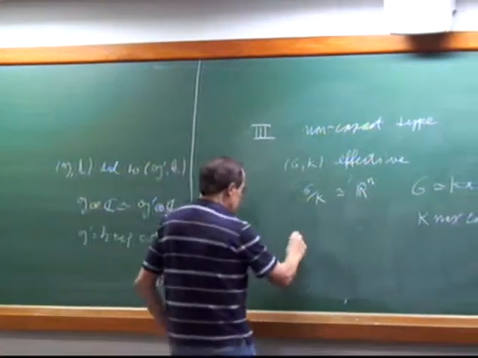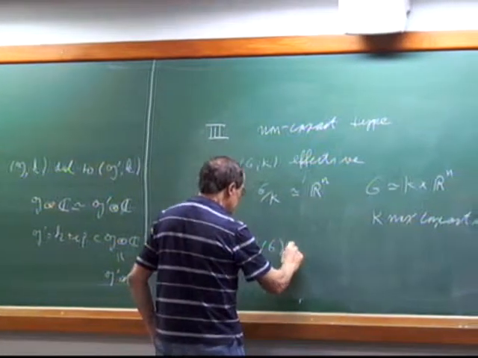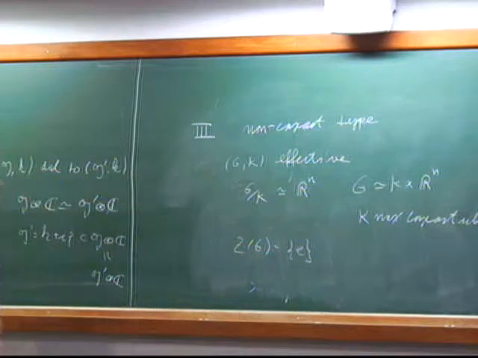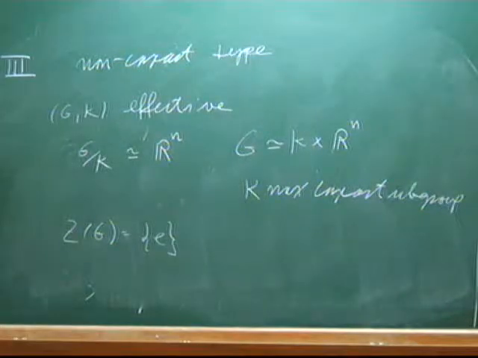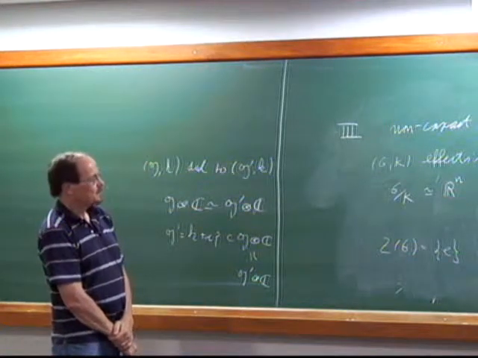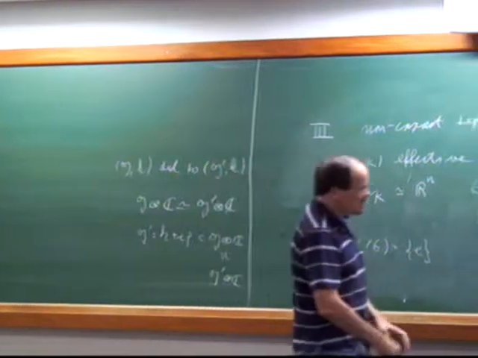Another property is the center of G must be trivial. And there are many other properties. So in a way, the geometry of symmetric spaces of non-compact type is simpler. You can say a lot more about it than the ones of compact type, although classifying them is easier for the compact type. So each one has its own advantages.